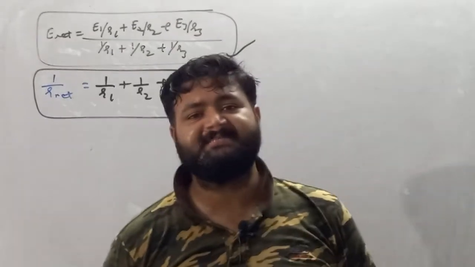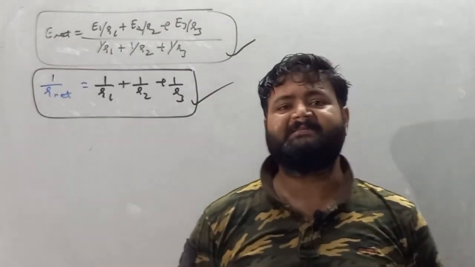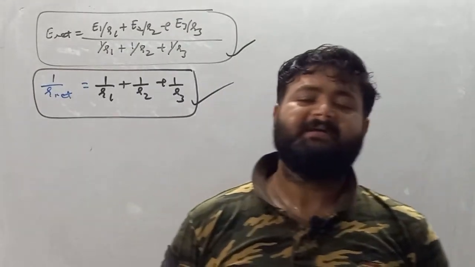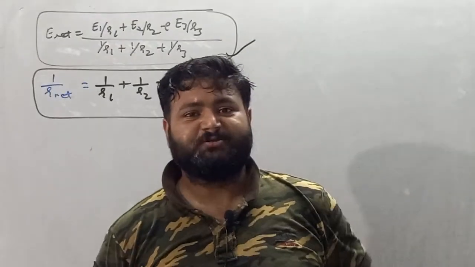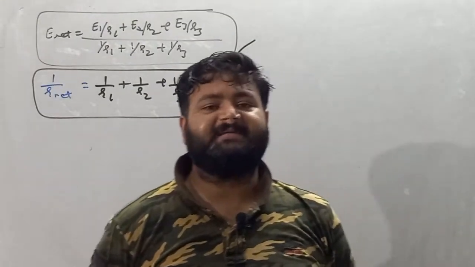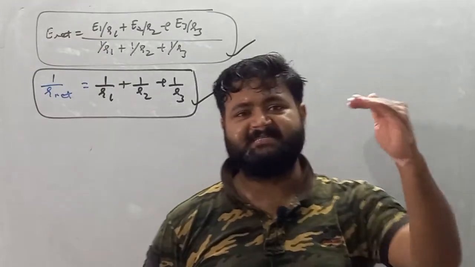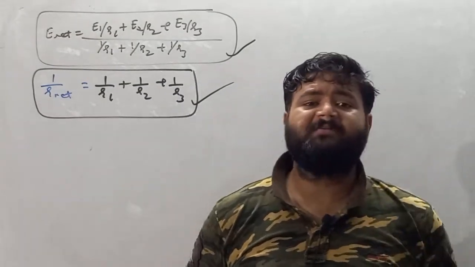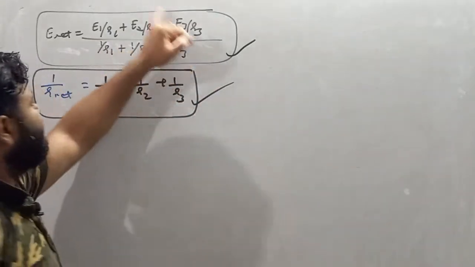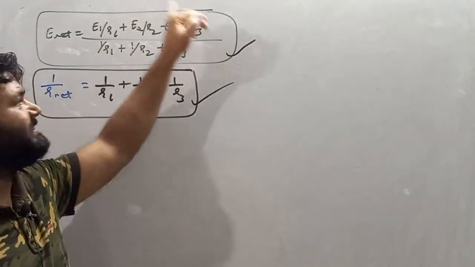Hence, current is decreasing. Then we will try to connect the batteries in parallel combination. When we are connecting the batteries in parallel combination, we are all aware resistance decreases. But along with resistance, see my dear student, EMF also starts decreasing.